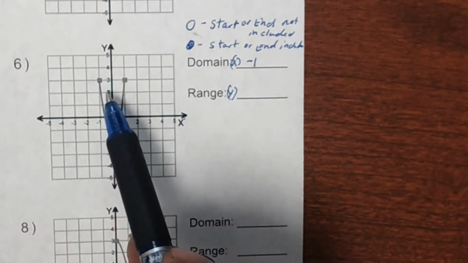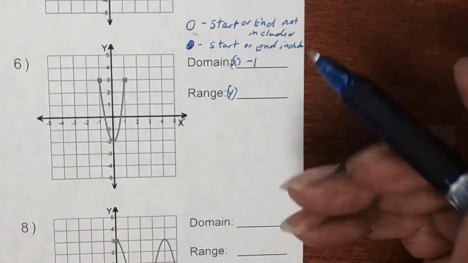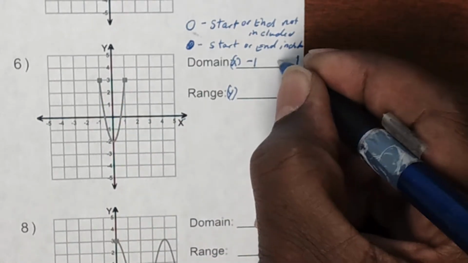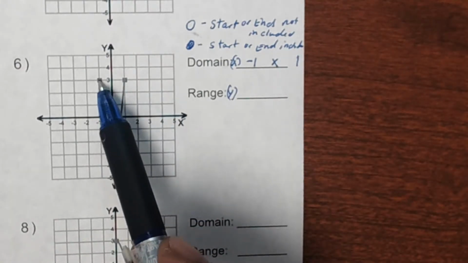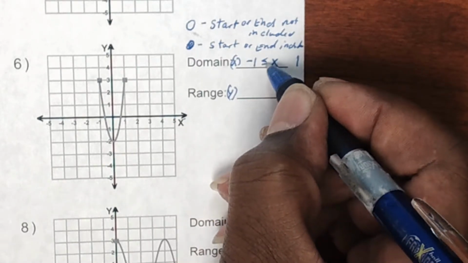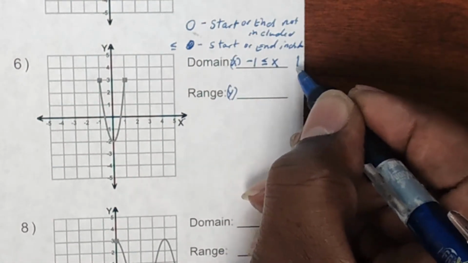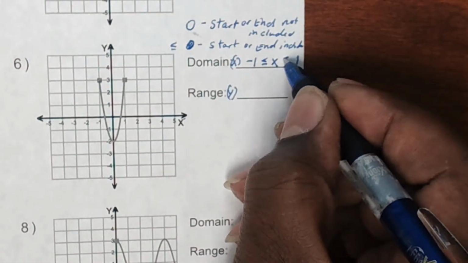Your largest value going to the right is here. That value is +1. Because this is domain, you put an x in the middle. This point is closed, so we say this is less than or equal to. And this point for +1 here is also closed, so this is less than or equal to.